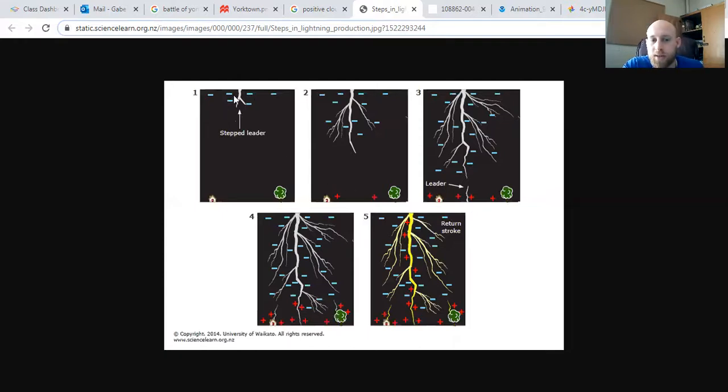So we have a stepped leader coming from the cloud towards the ground, and at the same time a positive streamer coming from the ground towards the cloud. Eventually they connect, generally about 100 feet above ground, and that is what causes the bright light that we see.